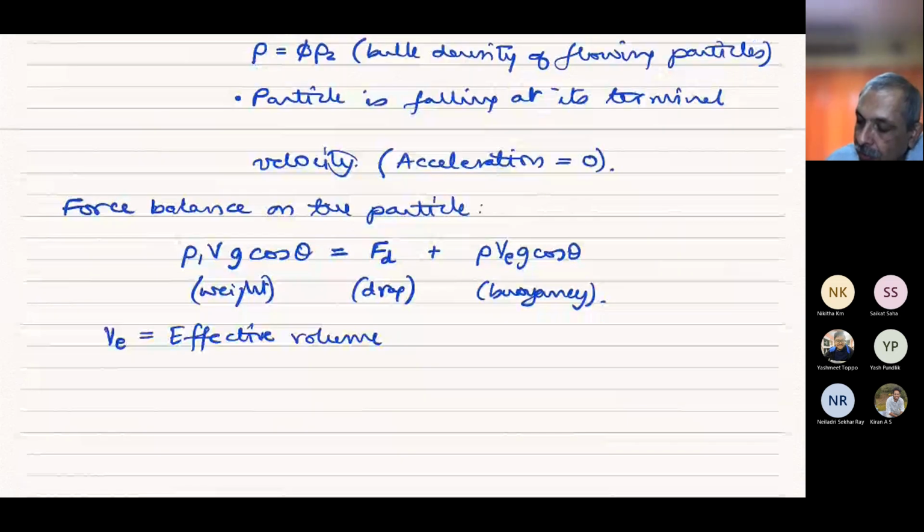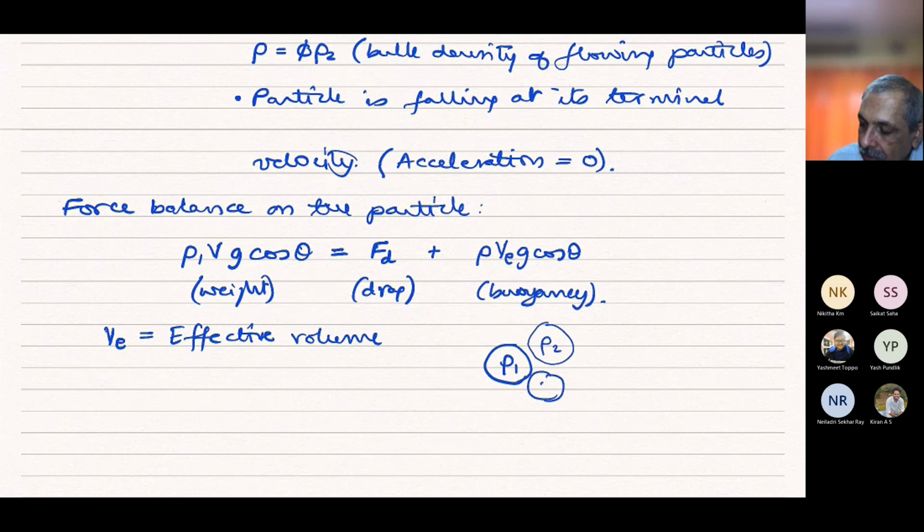Because the true picture is that here you have your particle with the density ρ1, and around it you have other particles which are of density ρ2. So this is not quite a fluid, and there are all empty spaces. So this ρ1 actually has a size, effective size, that is larger than what is actually the size. But then the question is, how do I get what is this effective volume?